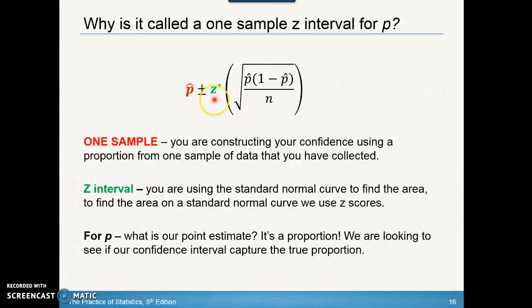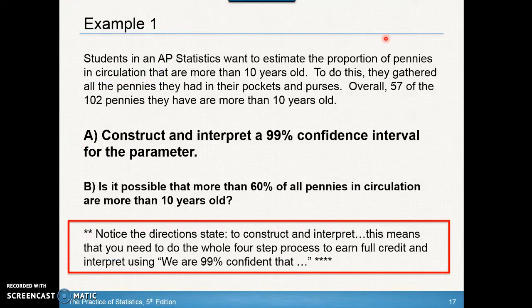It's a z interval because you're using the standard normal curve to find the area, and with the standard normal curve we use z-scores, a standardized score. And for p, we are using our point estimate to estimate a proportion, so we're checking to see if our confidence interval captures the true proportion. So it just means z confidence interval for proportions. We're estimating a population proportion.